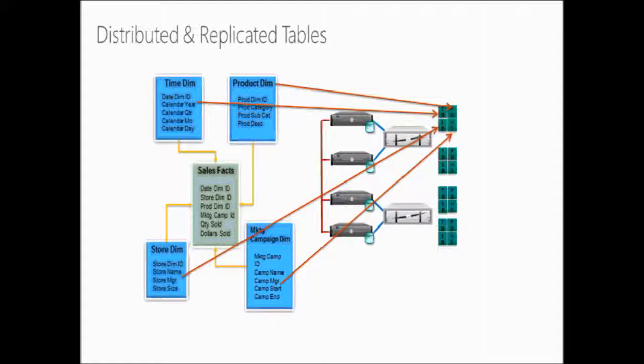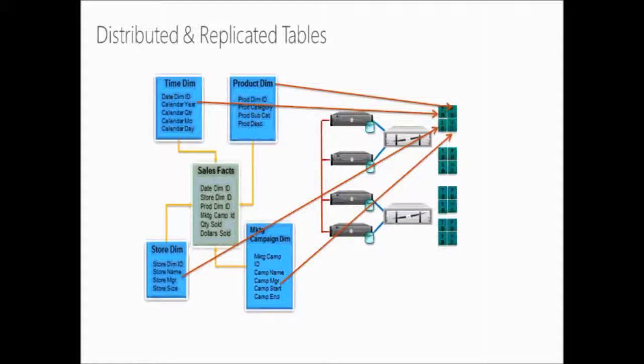Let's see what we mean by replicated and distributed tables. For example, your dimension tables, as I said, are used in all the joins. In the beginning, I mentioned that in the MPP architecture, the main concept is shared-nothing architecture. Shared nothing means you are not sharing storage between compute nodes. You are not sharing CPU and memory between compute nodes.